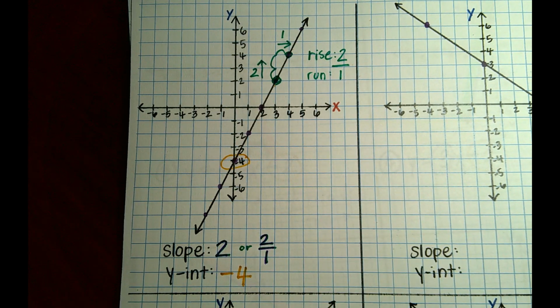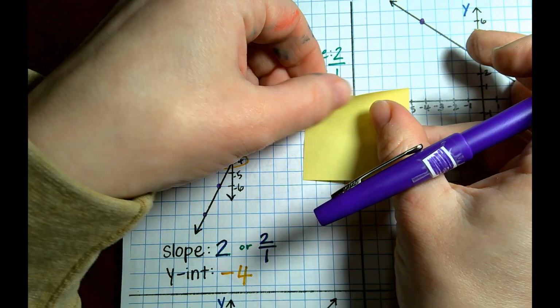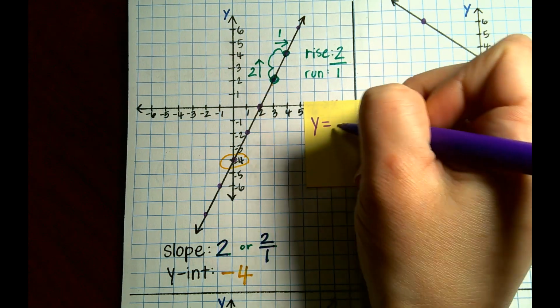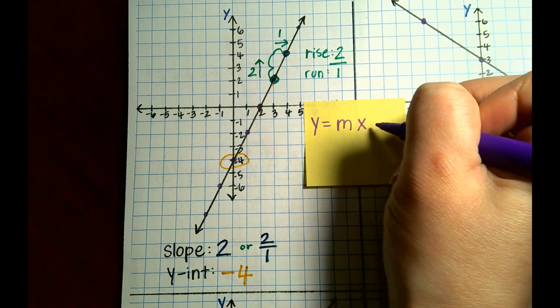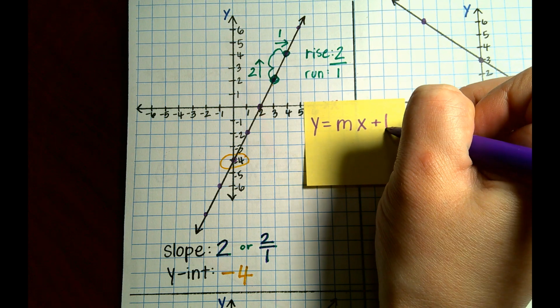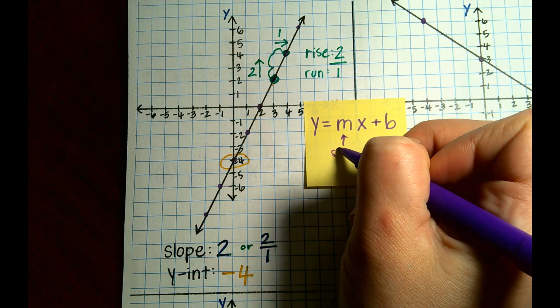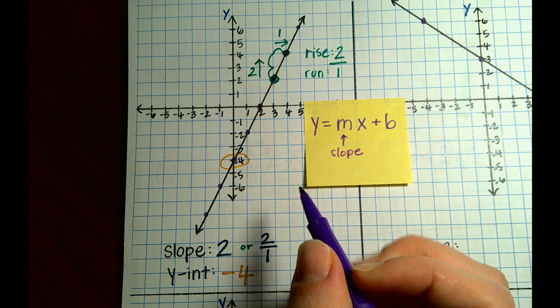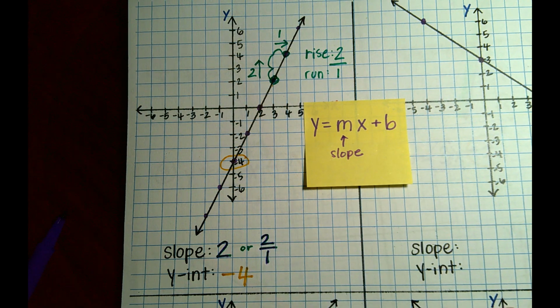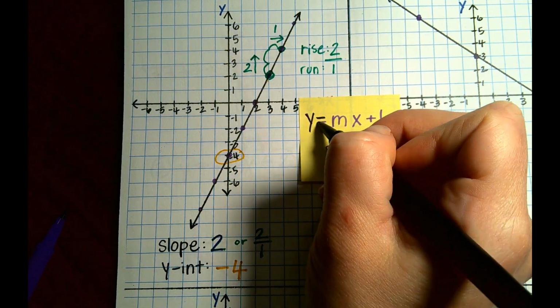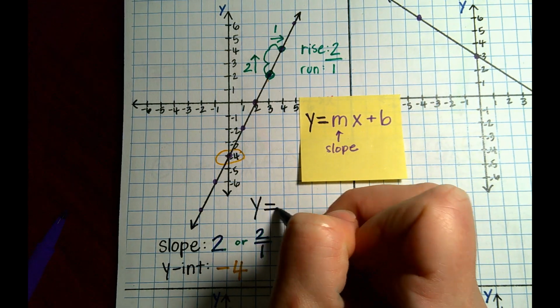Now, this is a little step further. We know how to find the slope and the y-intercept, but if I wanted you to write the equation, remember, our equation is y equals mx plus b. Let's do that. Here, let me get a different color. So I know that my y equals will never change.